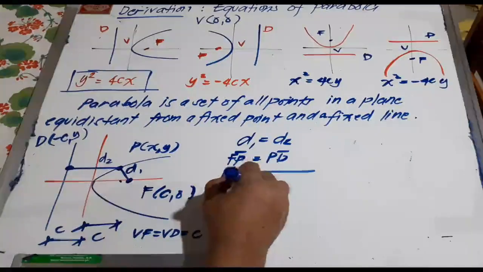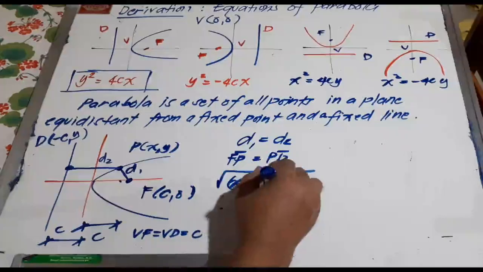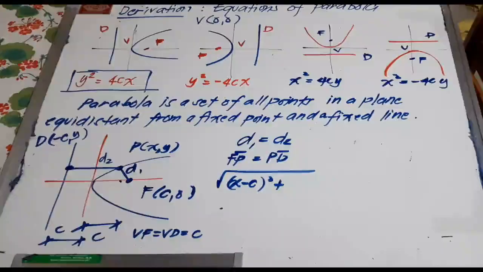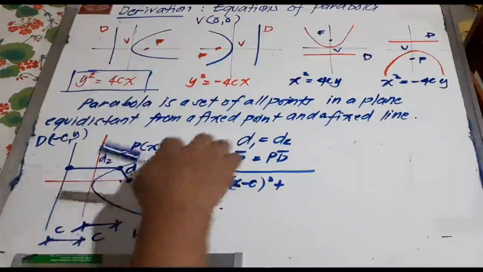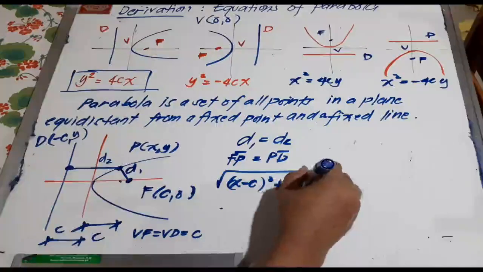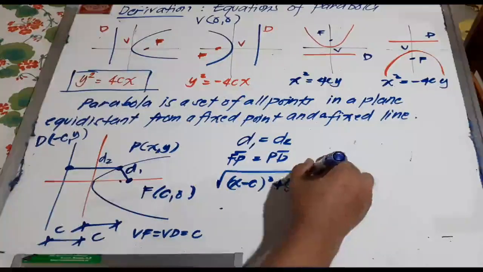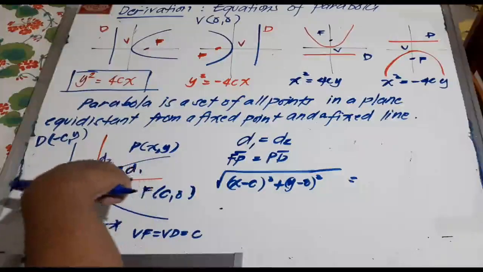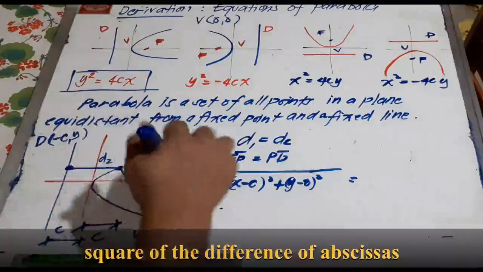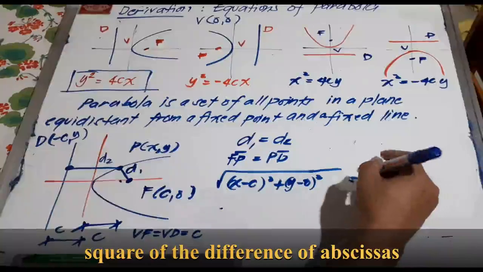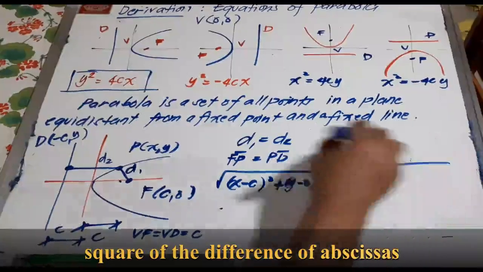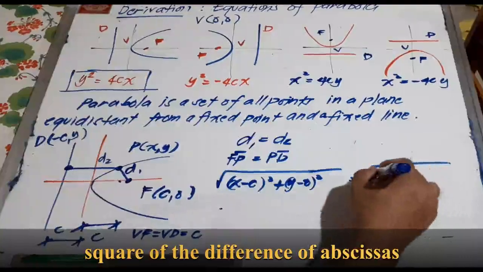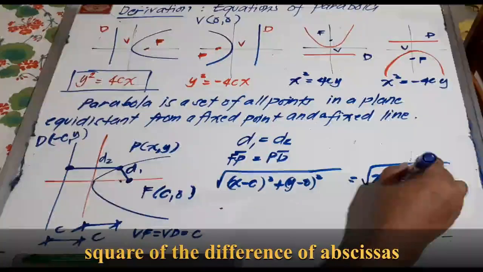So, the square of the difference of those, plus, in the distance formula, you have y minus 0 squared, which is equal to, for the distance between these points, the square of the abscissa, x minus c, so, x minus c.